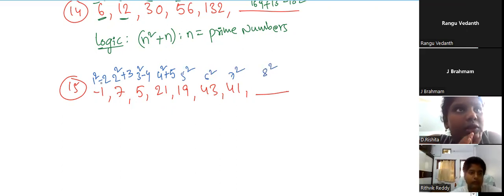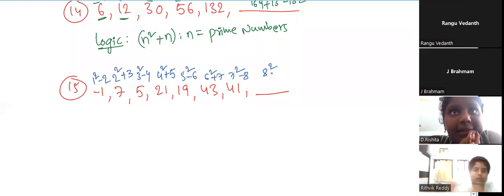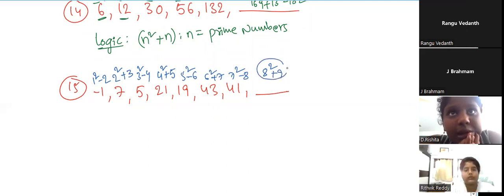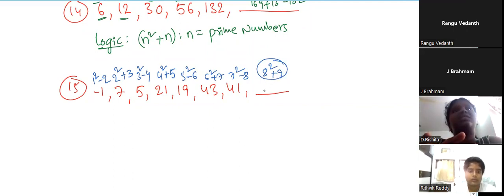Okay, 8 minus 2 plus 3 minus 4 plus 5. It should be minus 6 plus 7 minus 8. It should be plus 9. So this is our answer. 8 square is nothing but 64 plus 9 is 73.